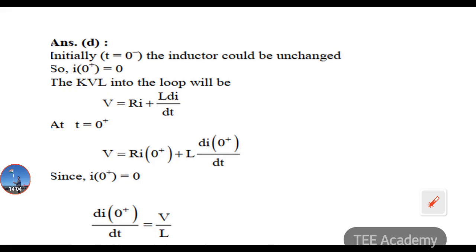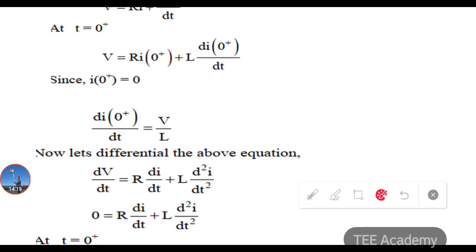Okay, applying KVL, the equation is V is equal to R into i plus L into di by dt, and substituting at t equal to 0 plus, V is equal to R into i of 0 plus plus L into di of 0 plus by dt. Next, di of 0 plus by dt is equal to V by L. Why? Because i of 0 plus is 0. Okay. Now differentiating this same equation again, we get d vL by dt like this.